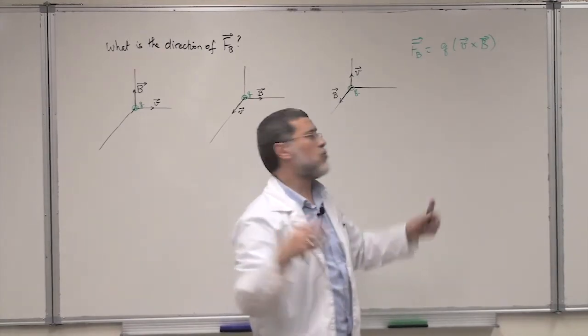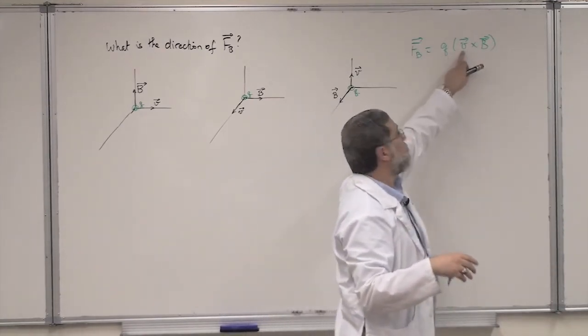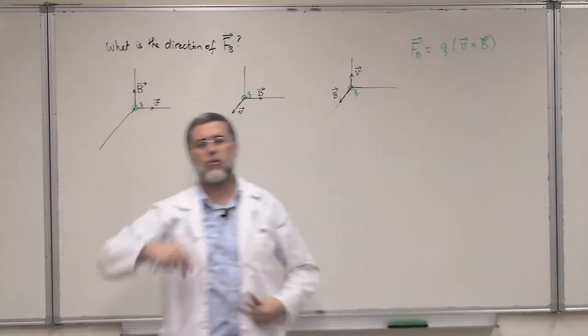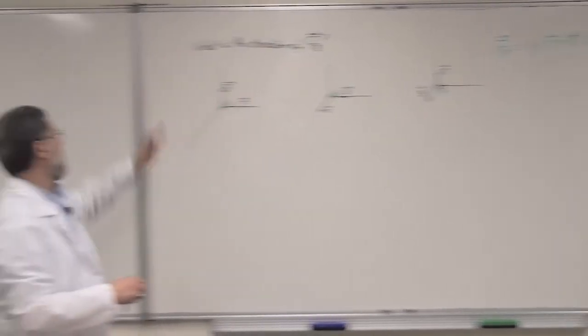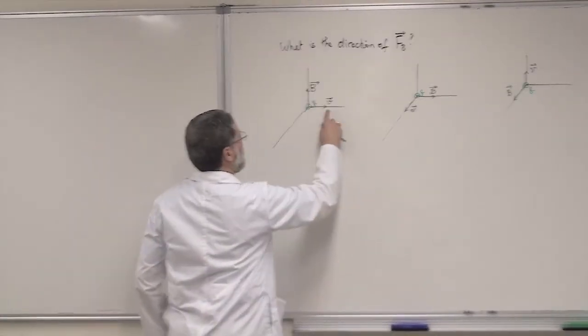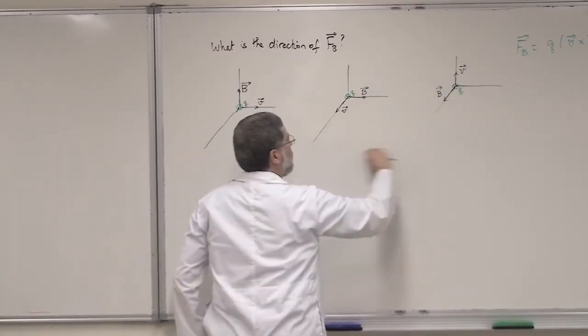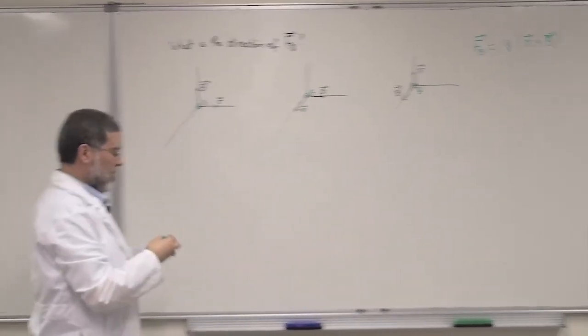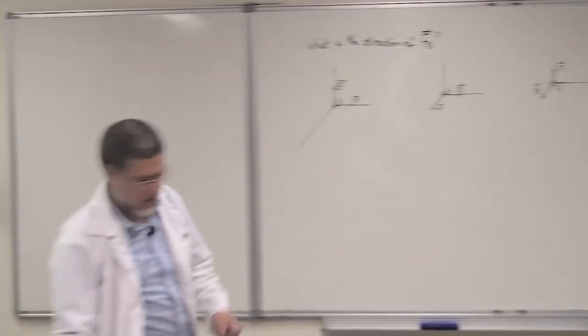So you need the charge, the velocity of the moving particle, and the magnetic field to have this FB. Three things you need to have: charge, magnetic field, and V. And I need to know the direction of the force by using the right hand rule.